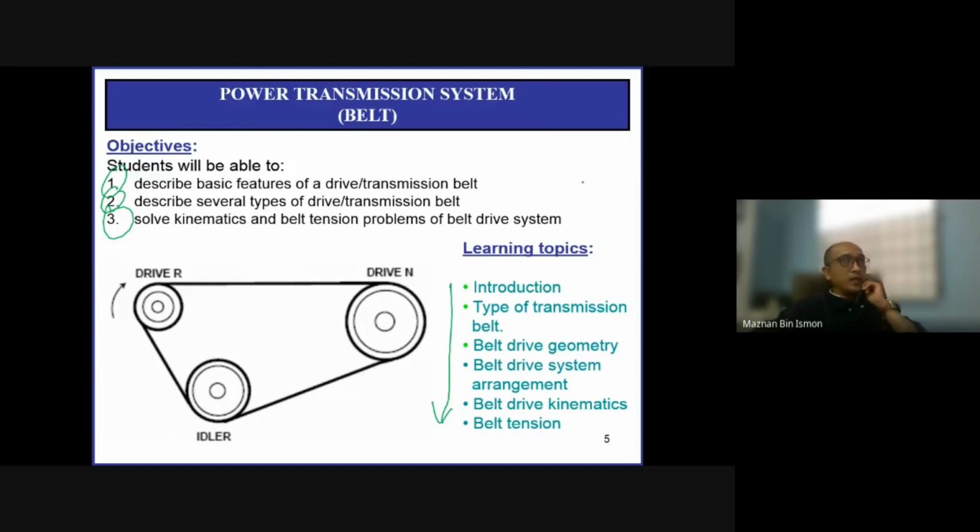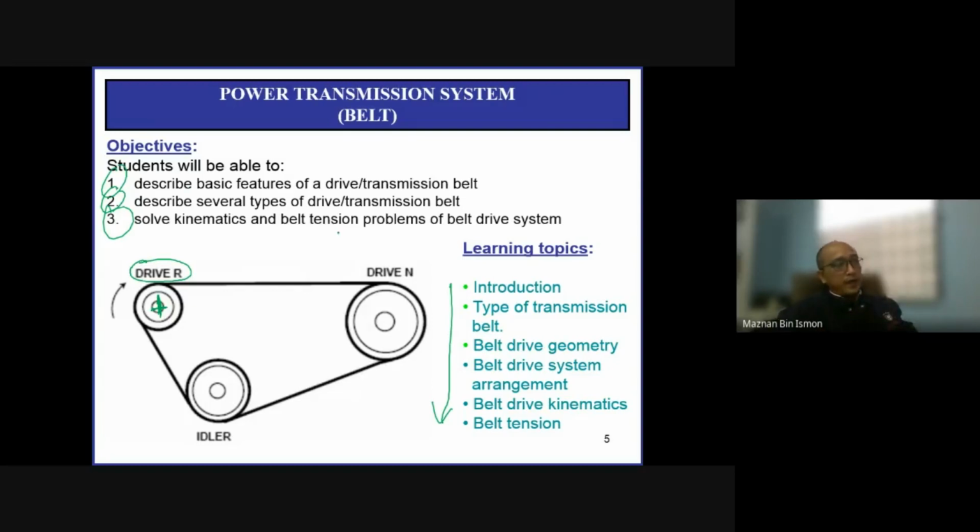Okay, in general, if you have a belt system, you should have a driver. This is a pulley. This pulley is attached to the shaft. So you should have one driver, this one at the bottom. This is the input, from the electric motor.